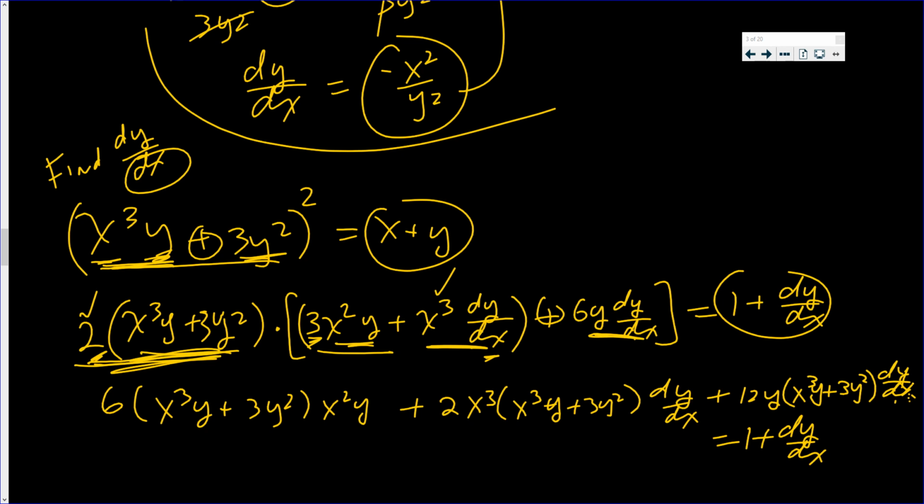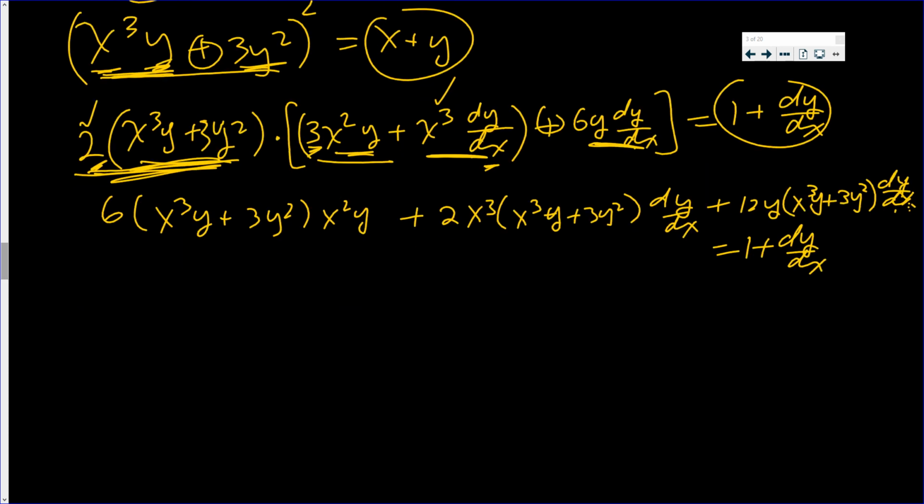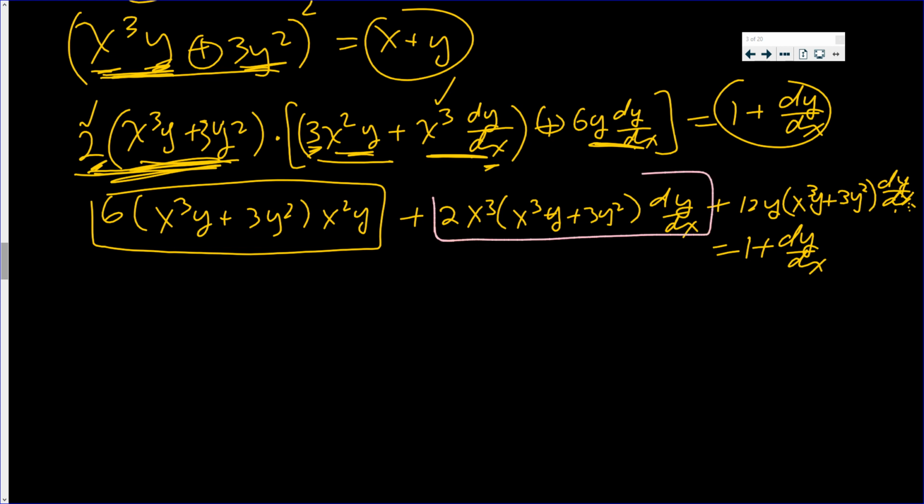Didn't realize what a mess this was going to be. Okay. Actually, maybe it's not so bad. So these are the terms. You have this term, and all the other terms have dy dx. This has dy dx. This has dy dx. And this has dy dx, but the one does not.